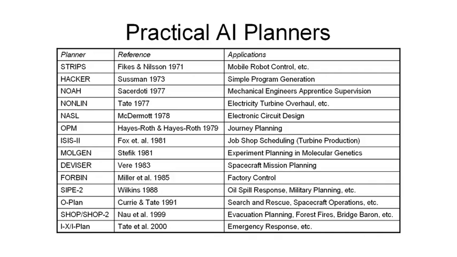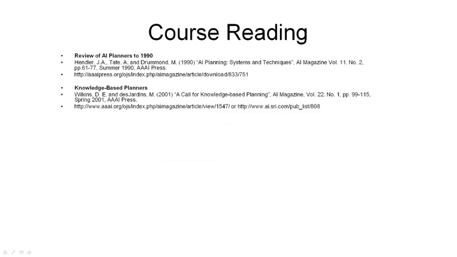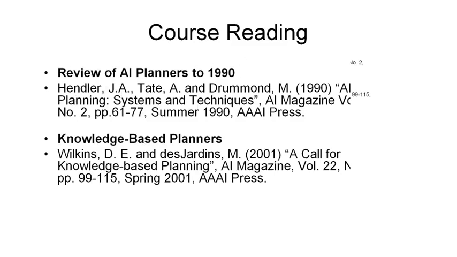As part of this course, we're going to encourage you to look at a number of readings. In particular, there are 2 reviews of AI planning which we hope you'll find useful. One is from the 1990s, so it's quite dated, but it does include a lot of the work on those early planners and some of the formative techniques used in them that you'll learn about on this course.